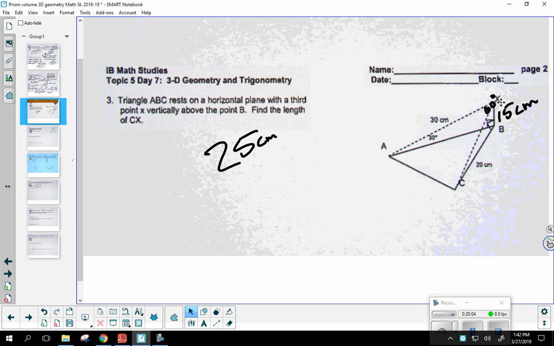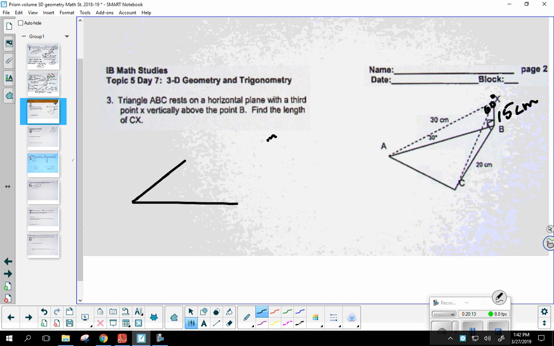Okay. So here's what he did. He noticed that triangle AXB, and let me go ahead and recreate this right here. So here's AXB, and what we know so far is that this is a 30-degree angle. We know this is 30 centimeters. Now it is a right triangle, but he noticed that if this is 30, this one has to be 60, and see, that's a special right triangle.